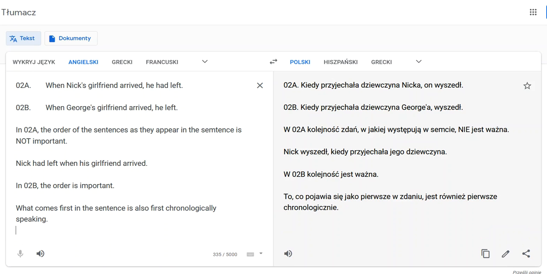Okay? So, when George's girlfriend arrived, he left. First, she arrived, then he left. If we change the order, then everything changes. If we say Nick left when his girlfriend arrived, it means that first Nick left and then his girlfriend arrived. Okay? So when George's girlfriend arrived, he left.